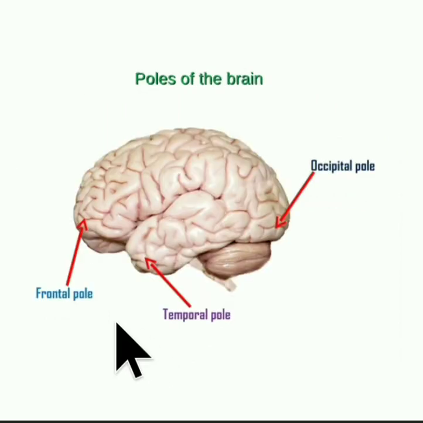There are three poles: the frontal pole, the temporal pole, and the occipital pole. The part of the cerebrum lying inside the frontal bone is the frontal pole, the part lying in the region of the temporal bone is the temporal pole, and the occipital pole is directed towards, or lies inside, the occipital bone.